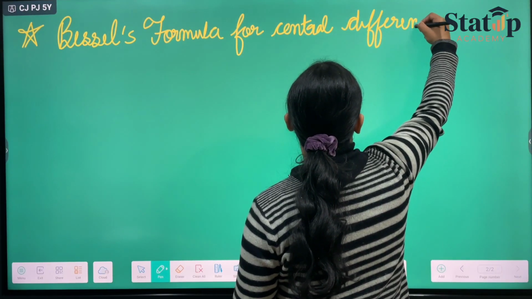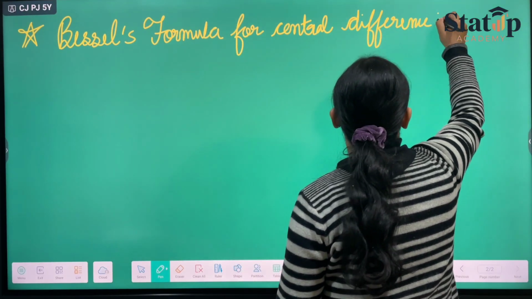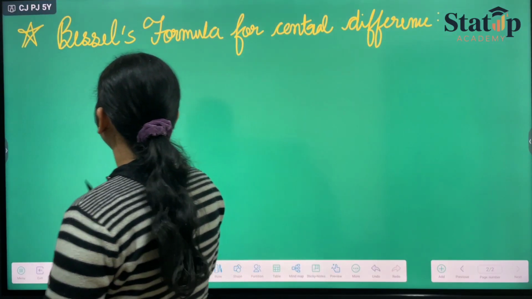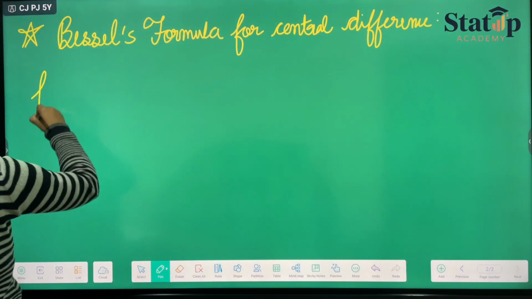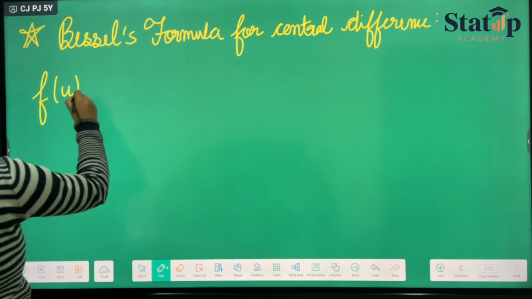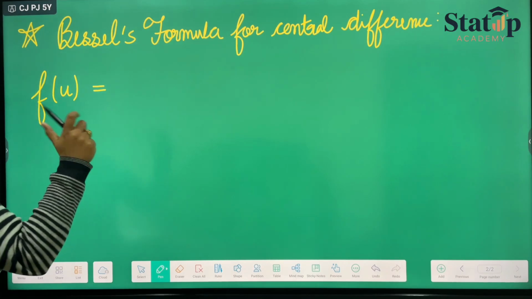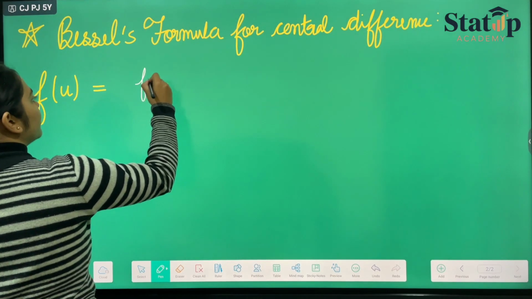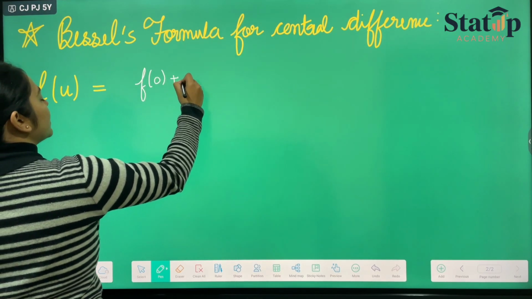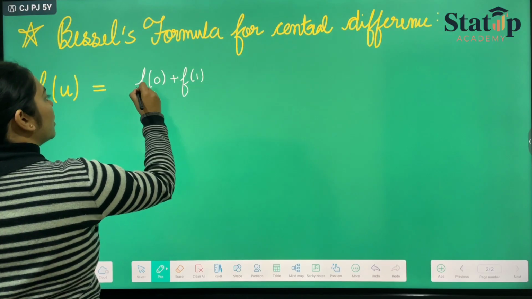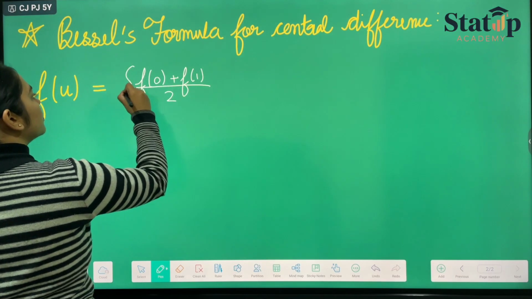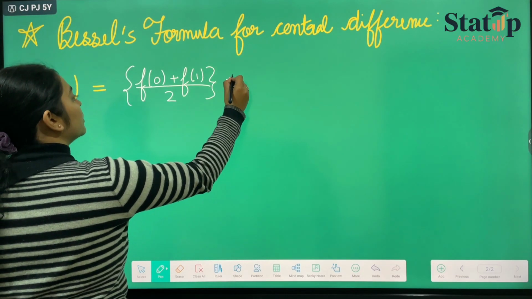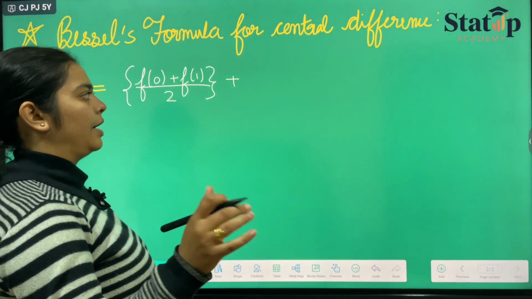First, I'll write the formula, then we see when it is applied. So the formula states that if we have to find anything, which is F(u), then we will do it like this: F naught plus F1 divided by 2. There is no trick, so you have to learn it by heart.